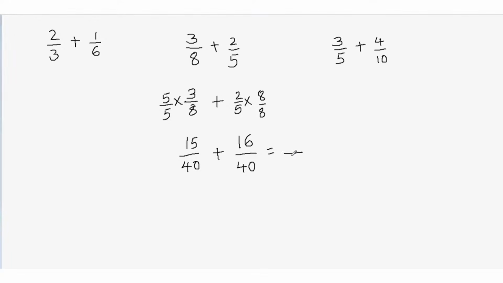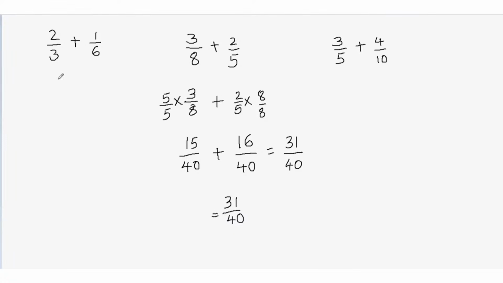Now remember that in addition and subtraction of fractions, you never add or subtract the denominator. So the denominator will remain the same. It will be 40. And then 15 plus 16 is going to be 31. So here my answer will be 31 over 40. And I can't reduce it anymore because 31 is a prime number. So this will be my final answer.